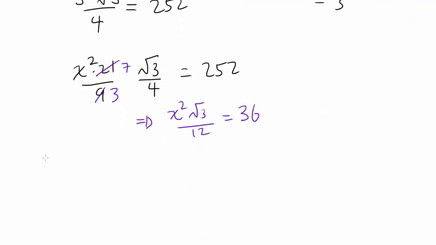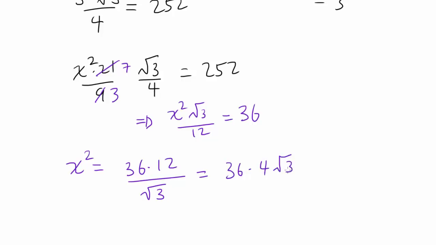And that's telling us that our value of x squared, let's start with x squared, is 36 times 12 over square root of 3. And 12 over square root of 3 is 4 times square root of 3. You can easily get that by multiplying square root of 3 to top and bottom. And then you have 3 at the bottom, and you're going to have 4 remaining up top with the cancellation. So we have x squared is equal to this.